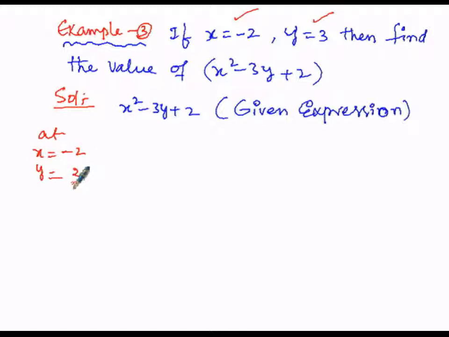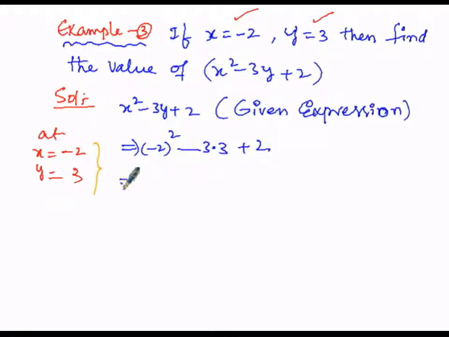So we are going to substitute these two values in the given expression, x square minus 3y plus 2. That implies x must be replaced by minus 2, but it is raised to the power of 2, so we write 2 as the exponent, minus 3y. So minus 3 dot will be there, that is 2 is multiplied with y, whose value is 3, plus 2 written as it is.